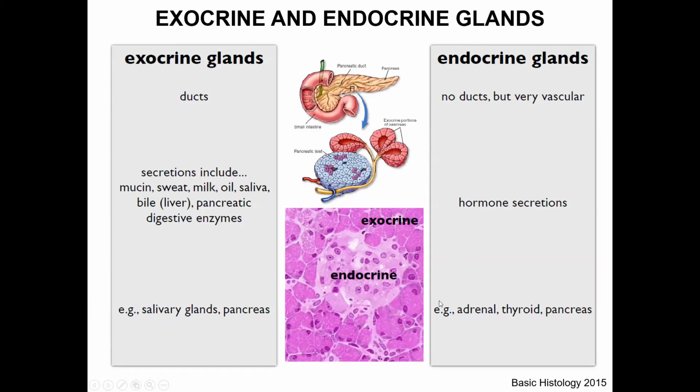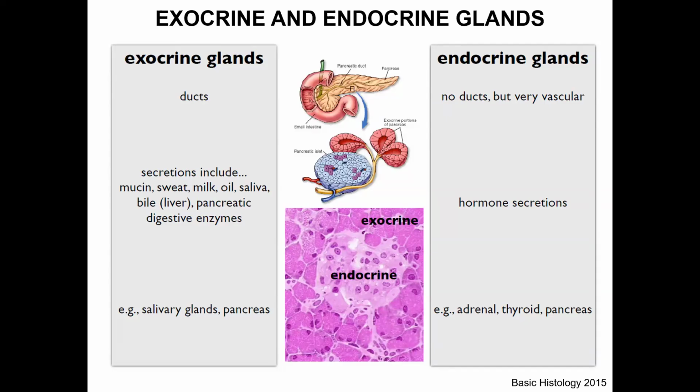Examples of endocrine glands are the thyroid gland. The pancreas contains the islets of Langerhans. So what you see here are the mass of exocrine glands that make the bulk of the pancreas, but here and there are the islets of Langerhans that contain the endocrine cells that secrete hormones related to digestion, like glucagon, insulin, somatostatin.